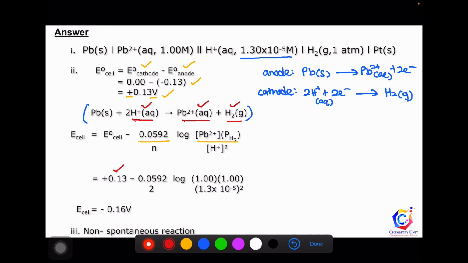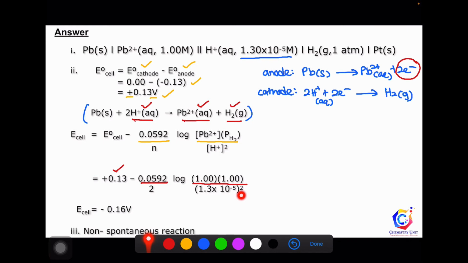E naught cell would be 0.13 minus 0.0592 divided by 2. That would be the value of N, since the number of electron transferred is 2, multiplied by log the concentration of Pb2 plus ion, which is 1, pressure of hydrogen 1, divided by the concentration of H plus ions raised to the power of 2.